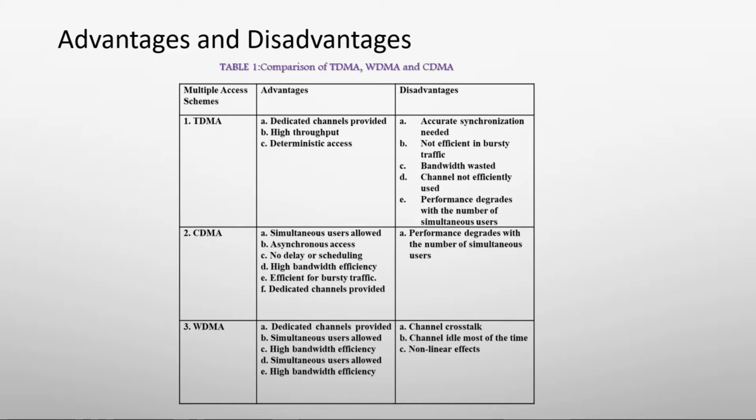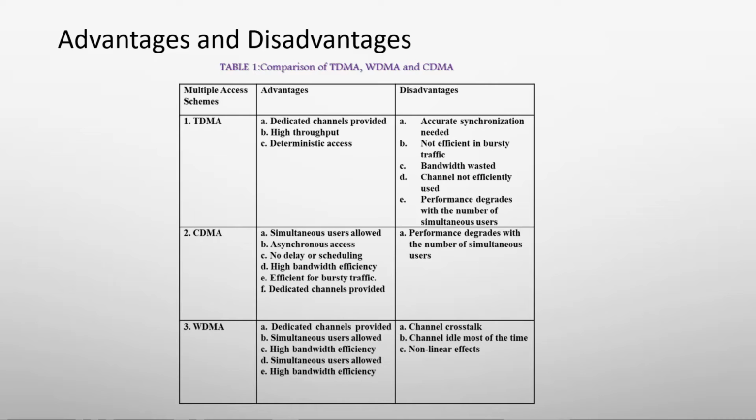This slide shows three types of multiple access techniques, which are TDMA, WDMA, and lastly OCDMA. In TDMA, each user is allocated a time slot. The problem of using TDMA is that once the number of users increases, it will cause a significant delay that will affect the performance of the system.